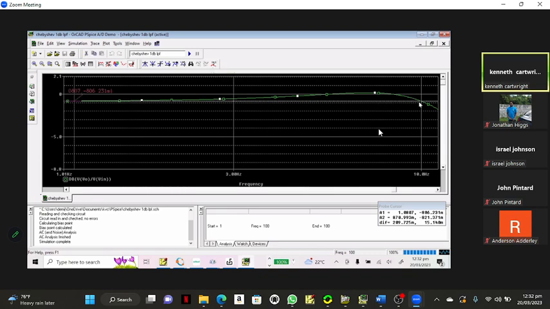So we go all the way out here, not to the negative 3 dB point, but to negative 806 millidB point. Wow, still no better resolution.